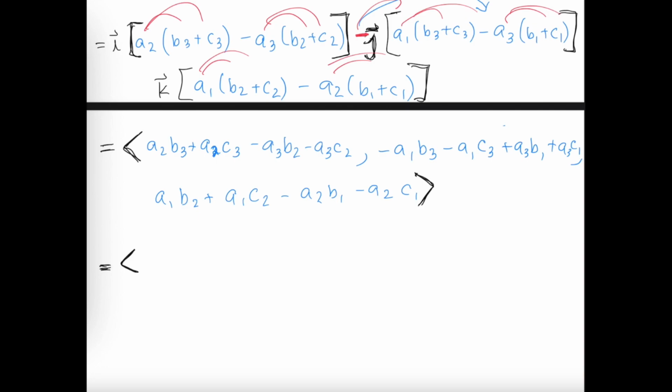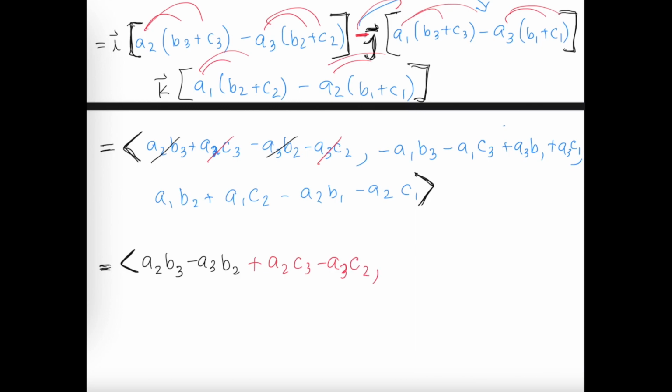So can we rearrange the terms of these components to match what it is that we're headed towards? So let's see, A2B3 and then minus A3B2, and then to that let's add the other two components, which is A2C3 minus A3C2, and it does look like we're going to be able to get there.